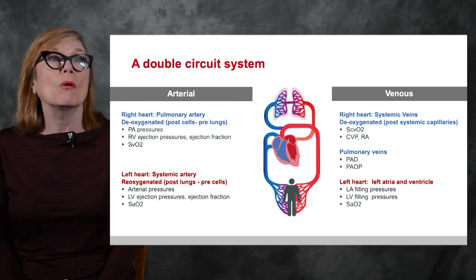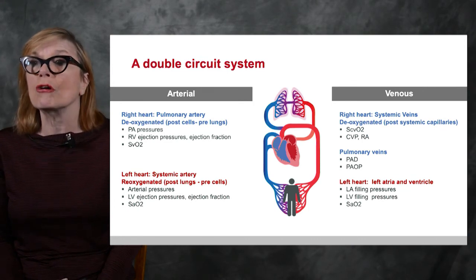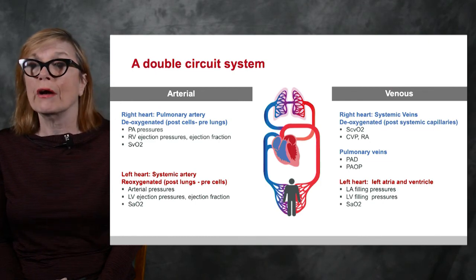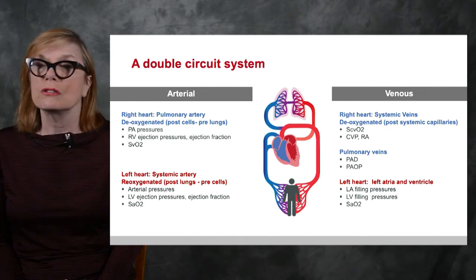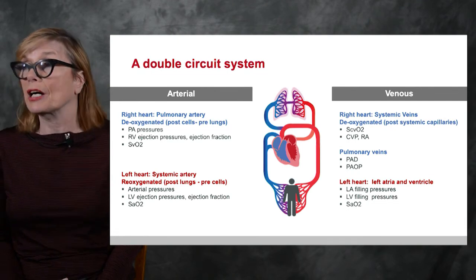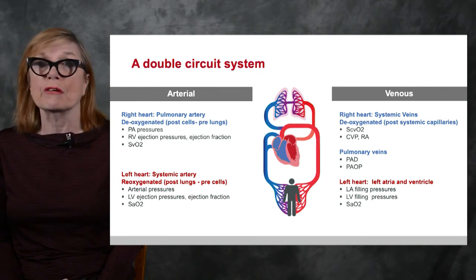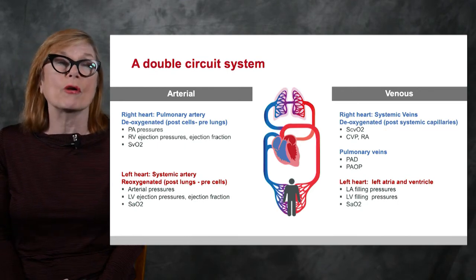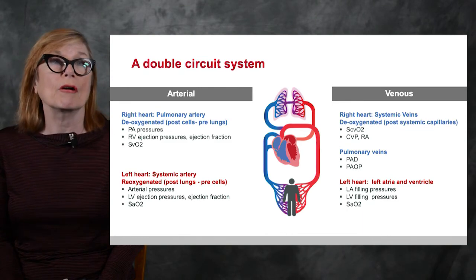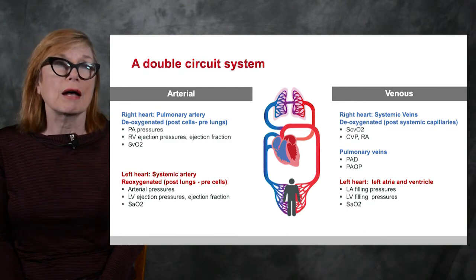And it's also the arteries for either side of our heart. Pulmonary artery for right ventricle, systemic artery for left ventricle. And the venous columns, which ultimately fill the ventricle. Systemic vein for the right ventricle, and pulmonary veins for the left ventricle.